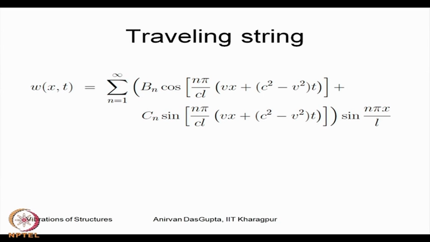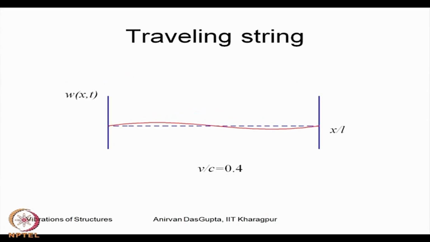So, here we said that this problem is non self adjoint and the solutions are of very special type. So, let us look at the solution for n equal to 1. I have put this solution for n equal to 1 and V over C as 0.4.